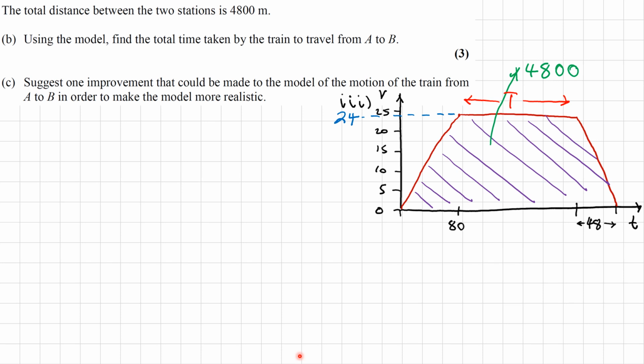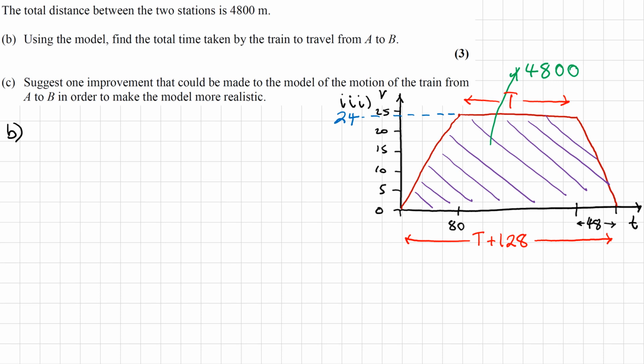That's going to be t plus 80 plus 48, and that is 128. So the length of the bottom side is t plus 128.